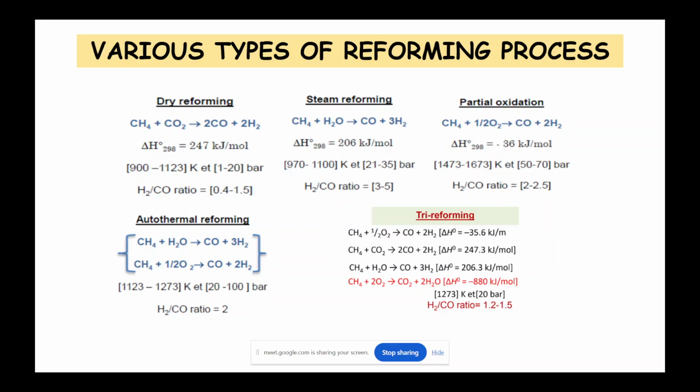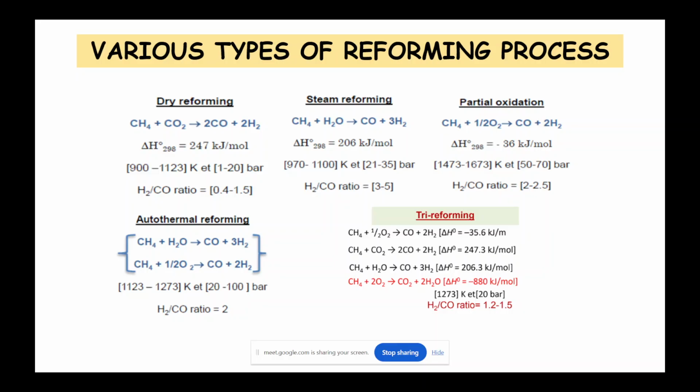All these kind of reforming operations basically vary depending upon what you use as a reactant. So suppose if you see in all these cases of steam reforming, partial oxidation and autothermal reforming, in all these cases, the methane, CH4, is going to be used as a hydrocarbon source, and then the only change happens in the kind of the other reactant that you're actually using.